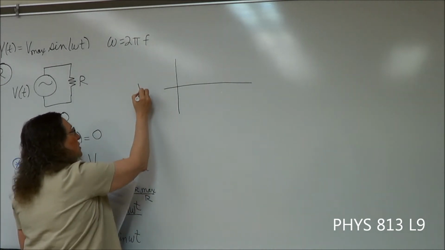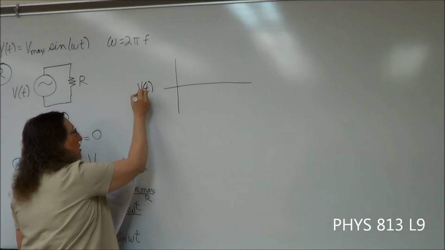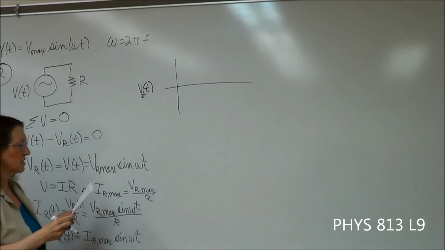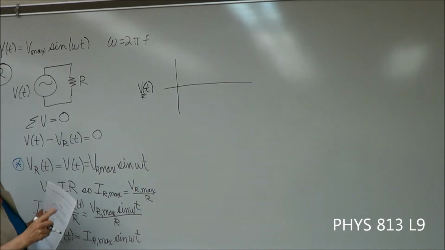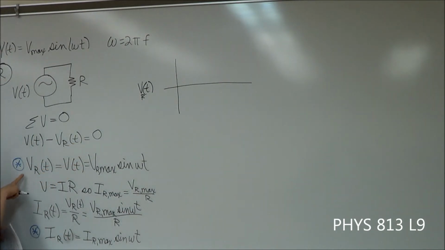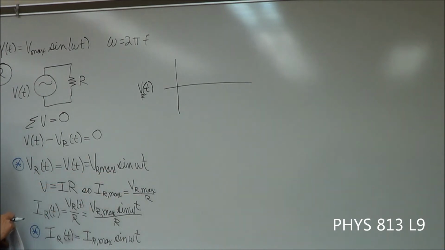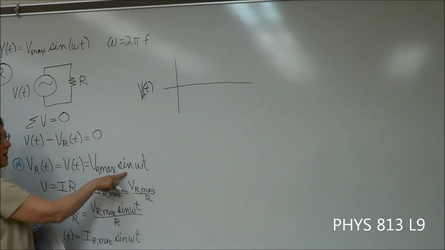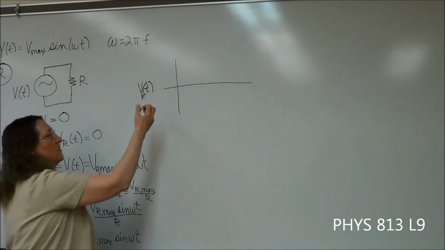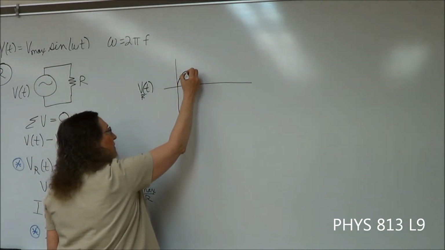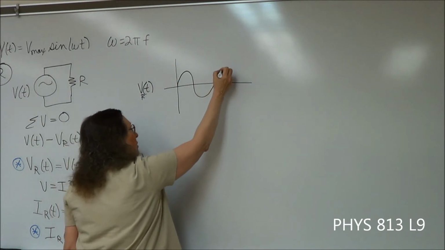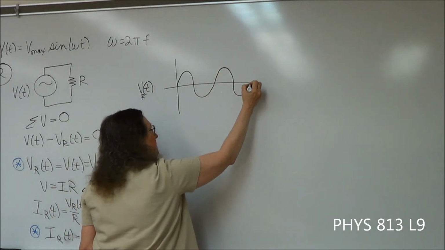We're going to put voltage as a function of time here with the subscript R because it's for the resistor. Now, if we find our voltage equation, it's sine. And sine at t equals 0, sine is 0, so we get the standard sine wave. And I'm going to draw 2 periods.